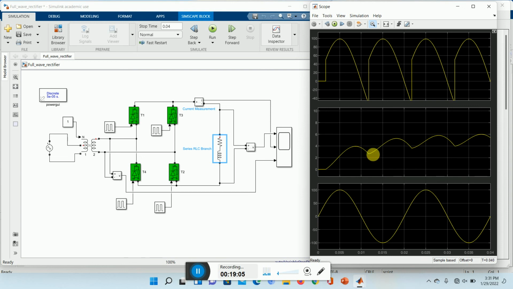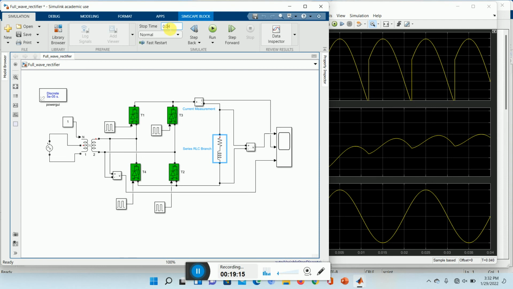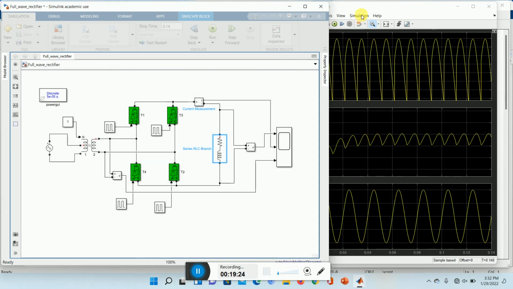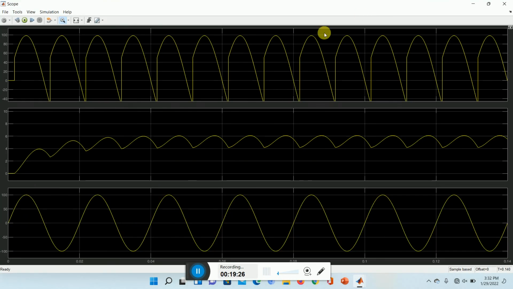Apart from that, you will find that the current is continuous. It is not discontinuous. Earlier the current was touching the zero part. Now the current is not touching the zero part. If I increase this range, suppose from 0.04 to 14 seconds, you can see the current is like a wave.